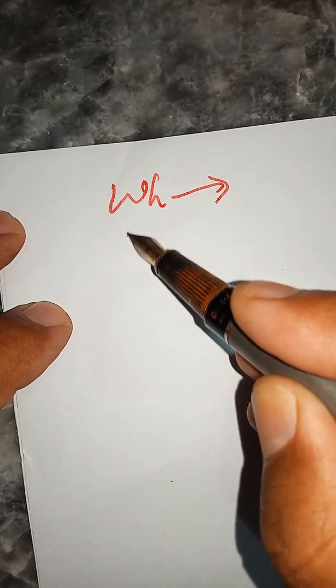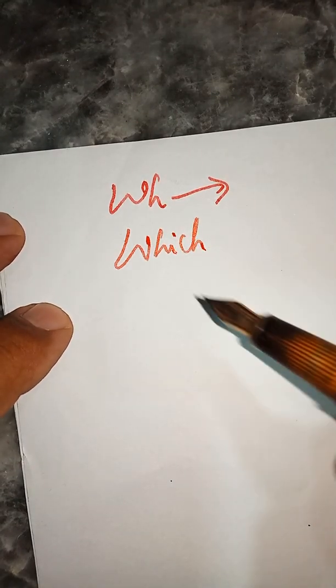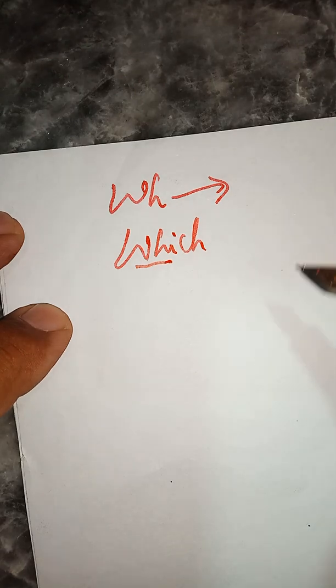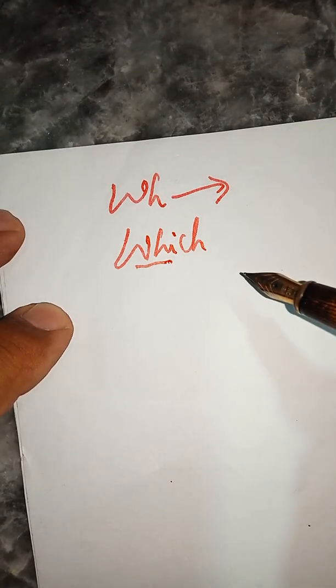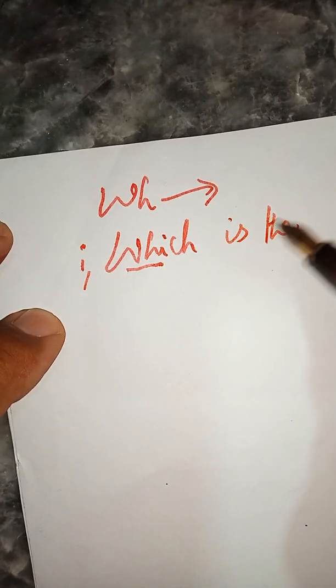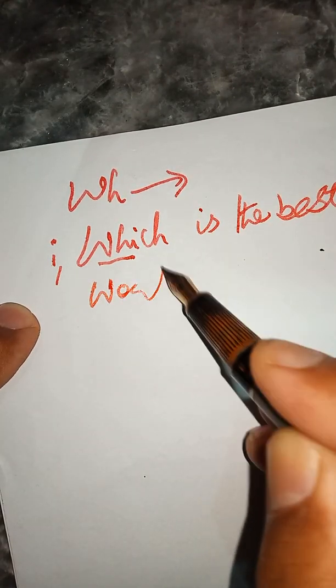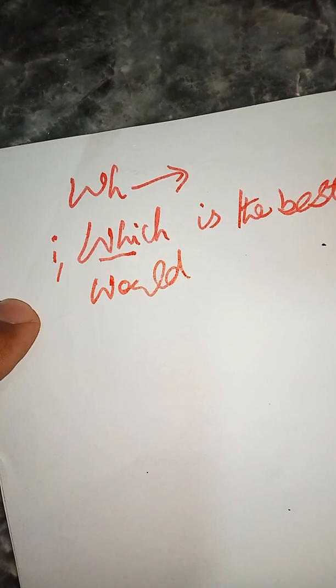Suppose I say which. Which contains WH, so we can say that it belongs to the WH family. Suppose the example is this: which is the best book? Which is the best book in the world?